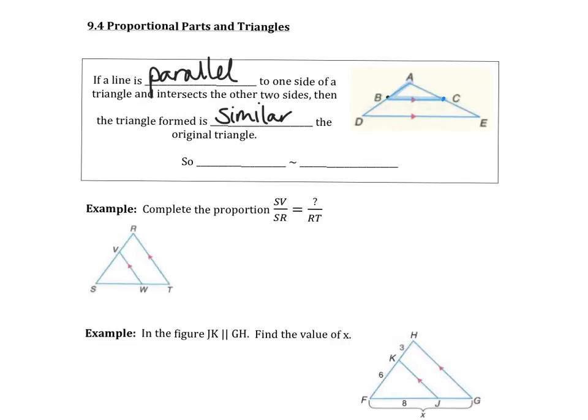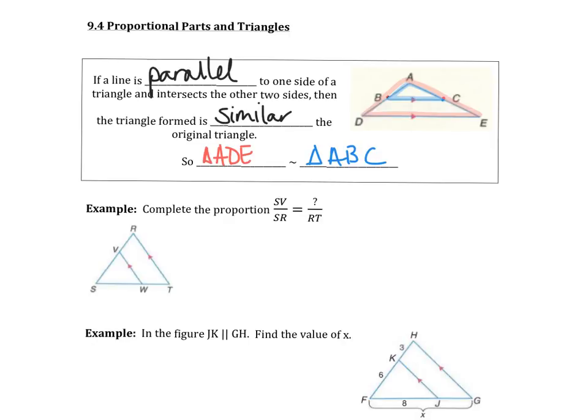I've got this blue triangle ABC and this red triangle ADE. So I'll write those similarity statements. So triangle ADE is similar to triangle ABC. Again, order does matter, so make sure you get those in the right spots.